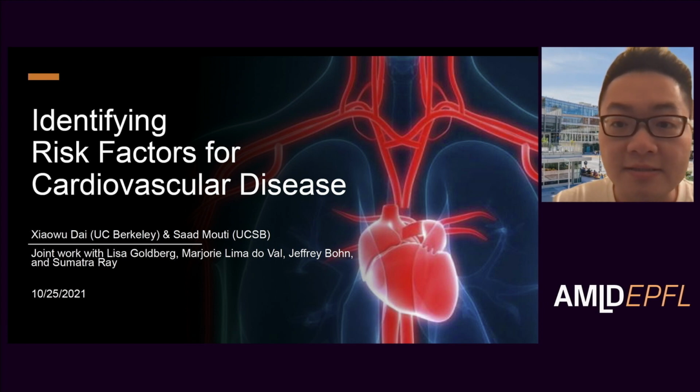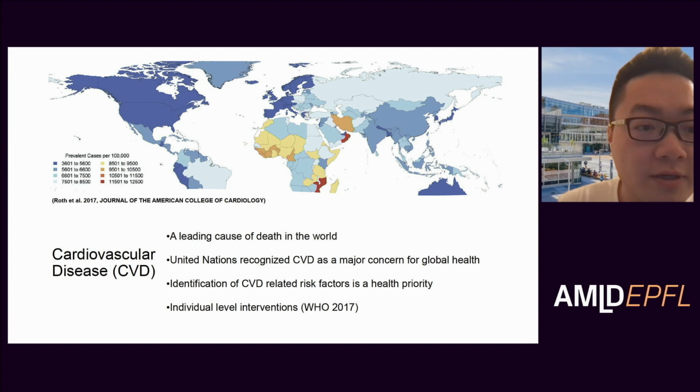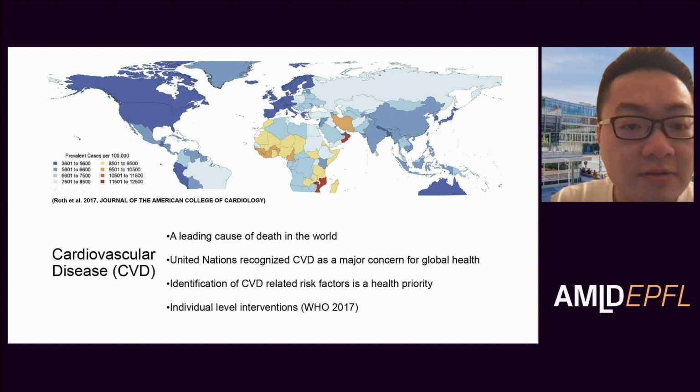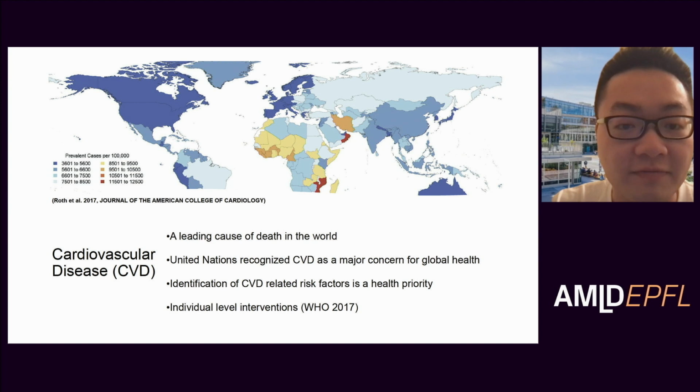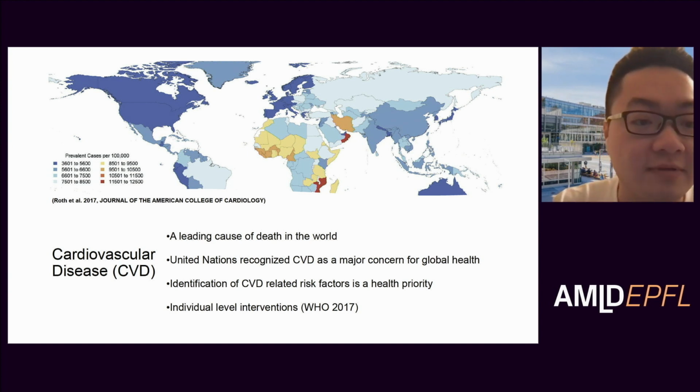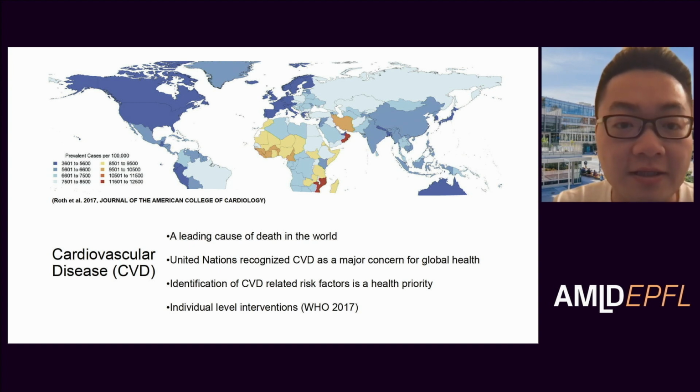Let me start with a quick brief overview of cardiovascular disease. CVD is now a leading cause of death in the world. It's not only a problem for developed countries, but also a big problem for developing countries. For example, in the United States, about 5% of the population has CVD, and in some developing countries, like in Africa, more than 10% of the population has CVD.